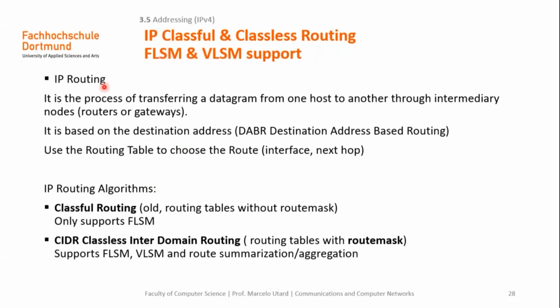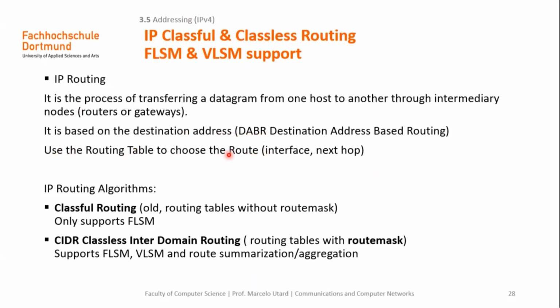Then remember, IP routing is the process of transferring a datagram from one host to another through intermediary nodes, that is, routers or gateways. It's based on the destination address, that is, destination address based routing, and uses the routing table to choose the best route to reach the destination.